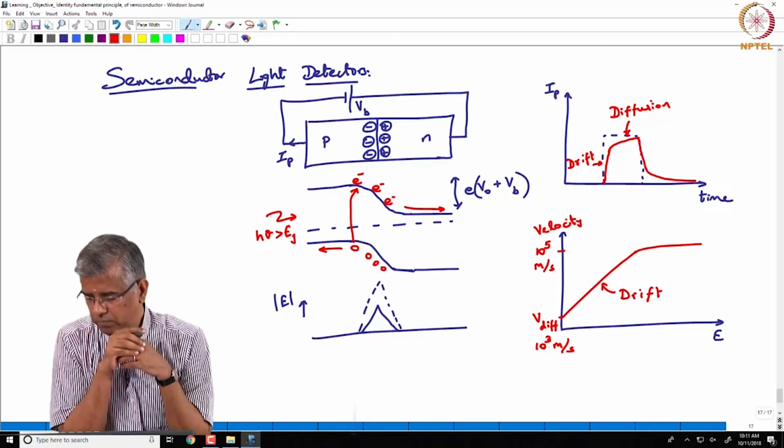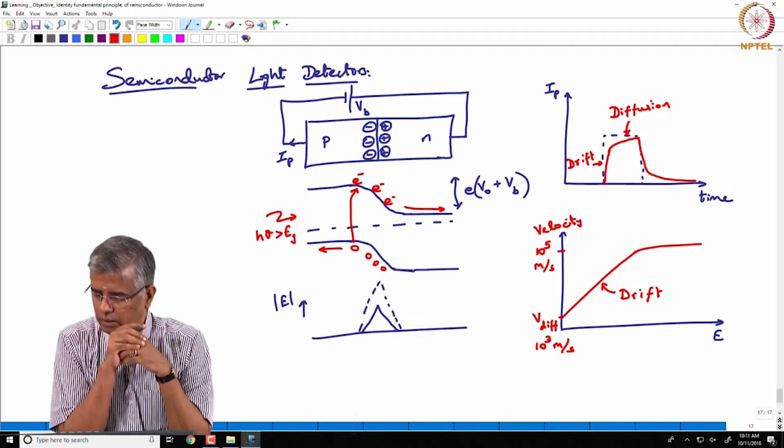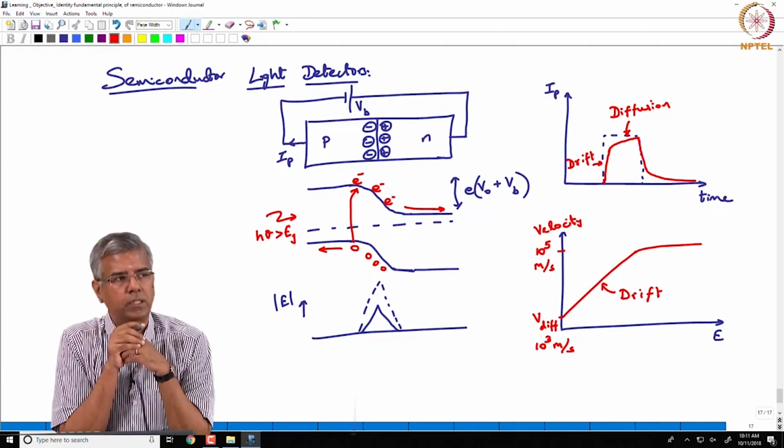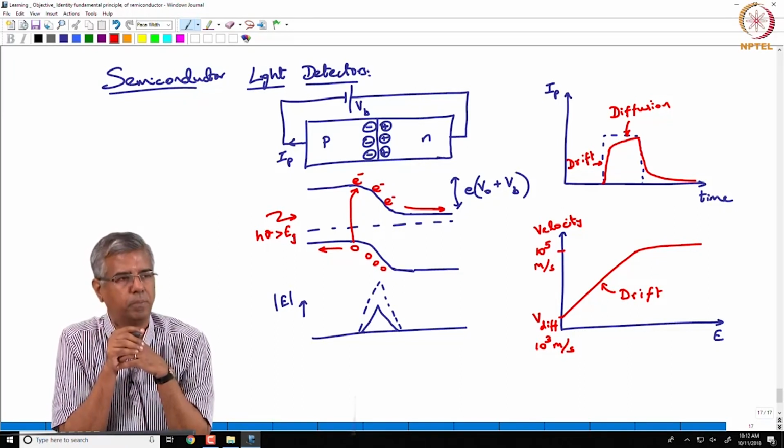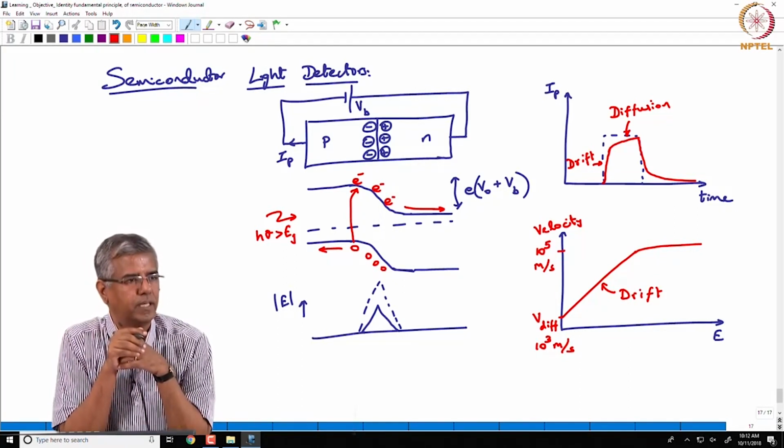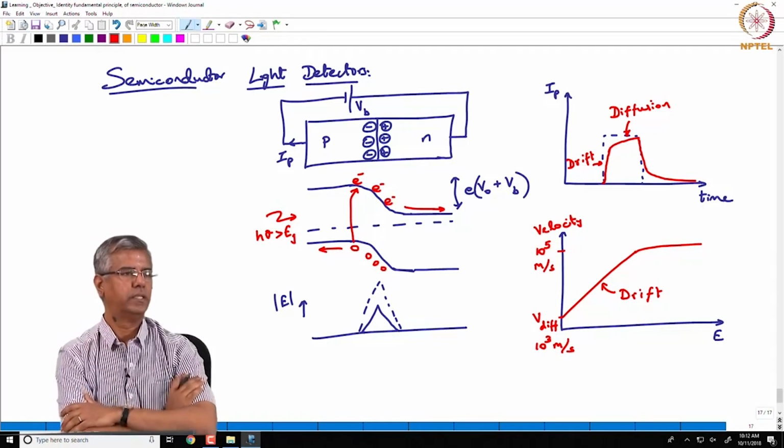So, you can say that diffusion is going to be a process that limits the response of your photodiode, which is based on just a PN junction diode. Do you understand this? Right.